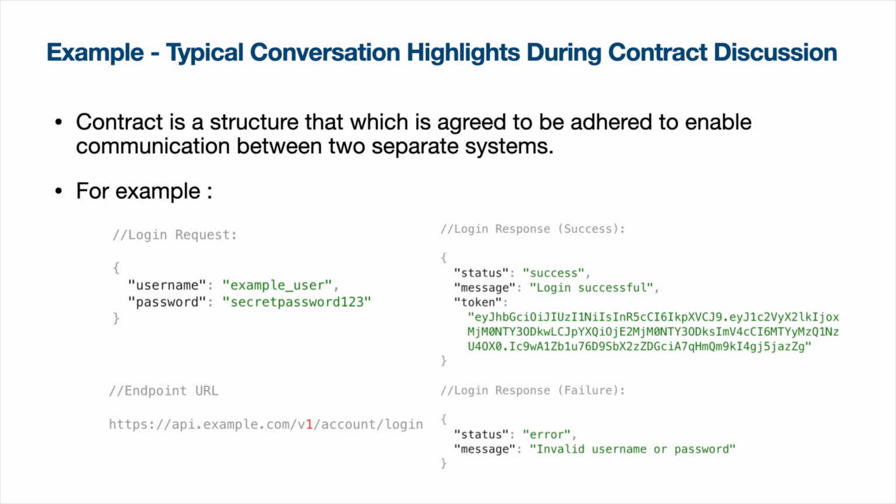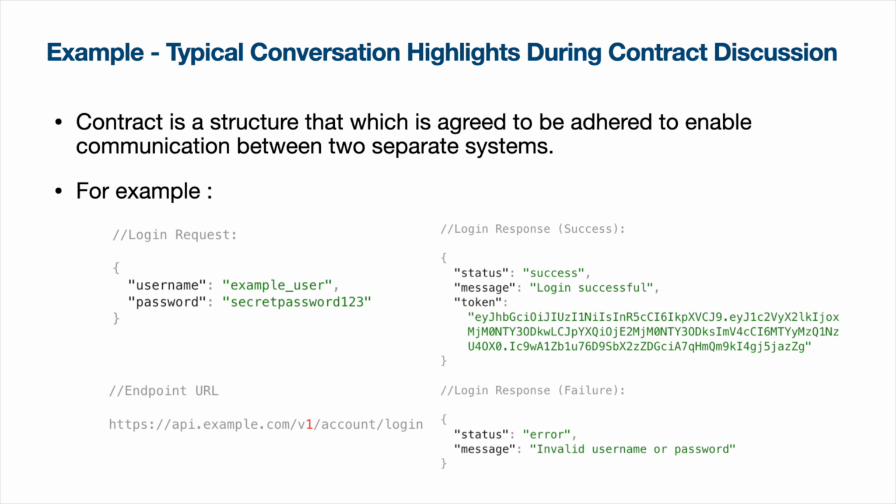The optionality of different parameters also would be discussed here. For example, in case of login response failure, a message would be optional. That's a contract that would be decided and agreed upon by the two parties. The endpoint URL for production and for the other environments such as QA would also be shared.